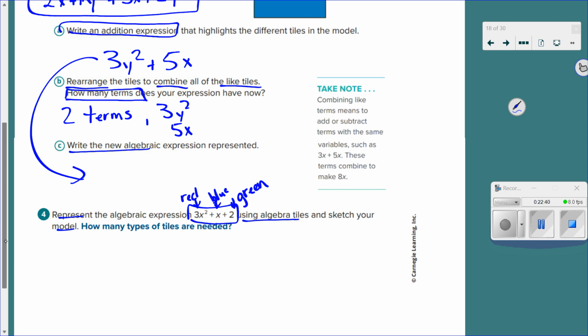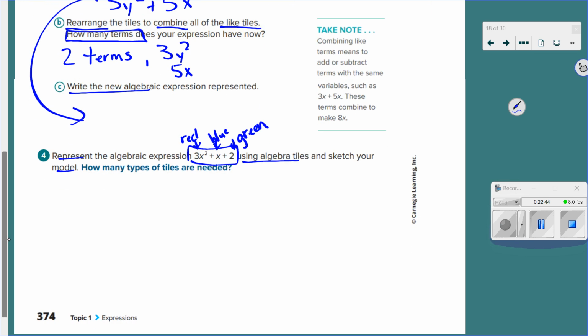This one should have been relatively easy. First off, how many types of tiles are needed? 3 types are needed. How many reds did you use? 3 reds. How many blues? 1. Reds, not reeds. 1 blue. How many greens? 2 greens.